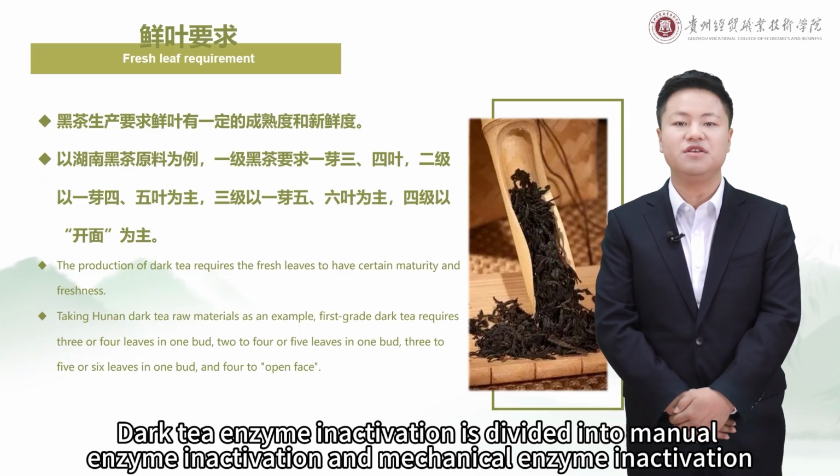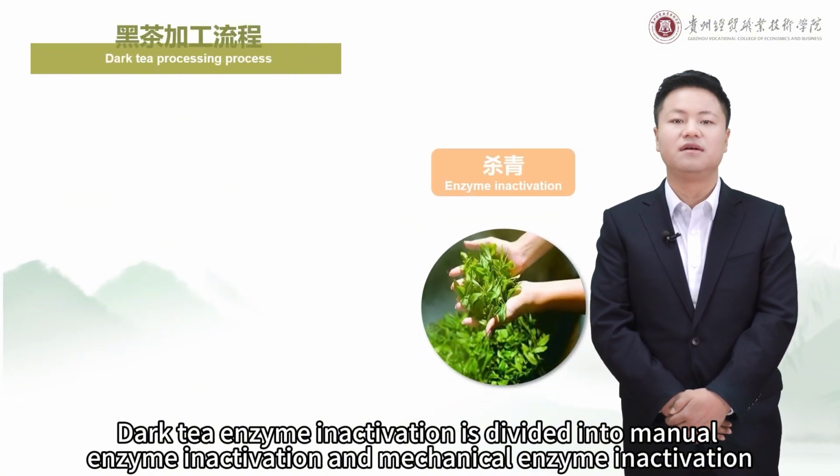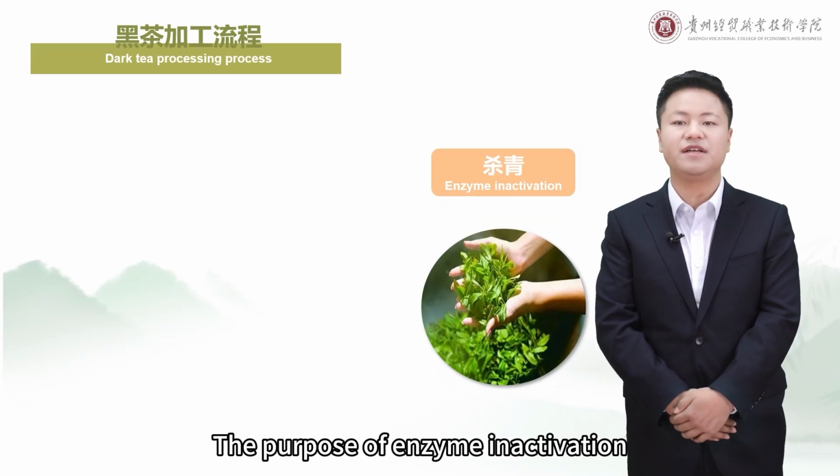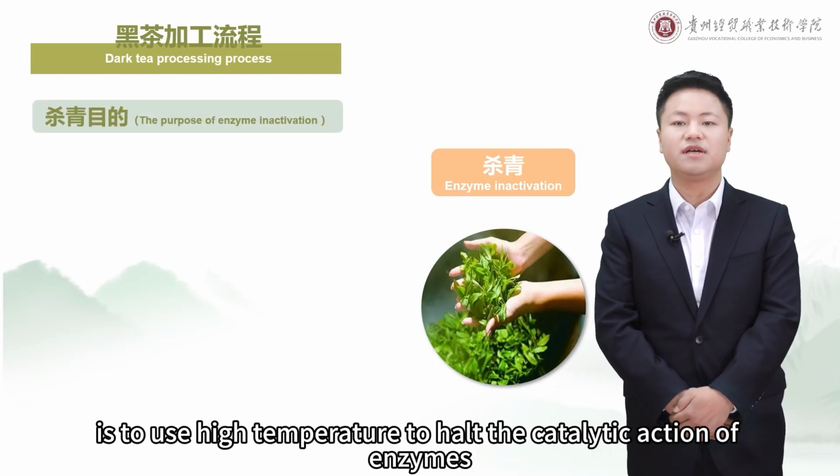Enzyme inactivation. Dark tea enzyme inactivation is divided into manual enzyme inactivation and mechanical enzyme inactivation. The purpose of enzyme inactivation, like in green tea, is to use high temperature to halt the catalytic action of enzymes.